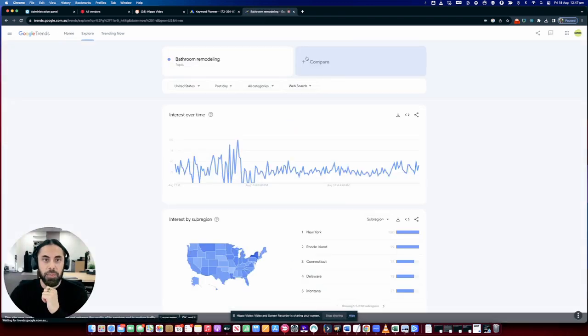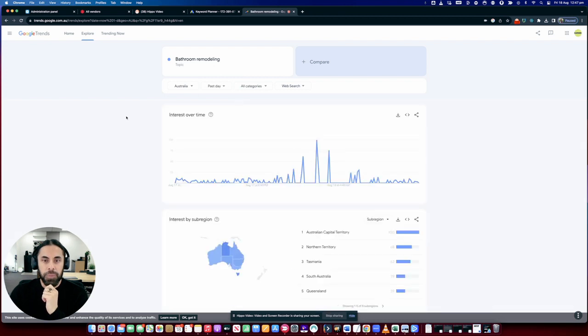What I can see up here is that it's listed under bathroom remodeling in the US. I'm going to switch that up to Australia. And now what we can see is the trend for bathroom remodeling across the whole of Australia.